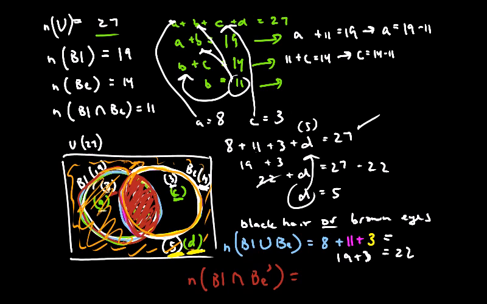Well, it intersects right here. So these are the people we're looking for who are not in brown eyes, but are in black hair. So this is them. And, well, I've scribbled it out now so you can't see it very well, but this was 8 members.